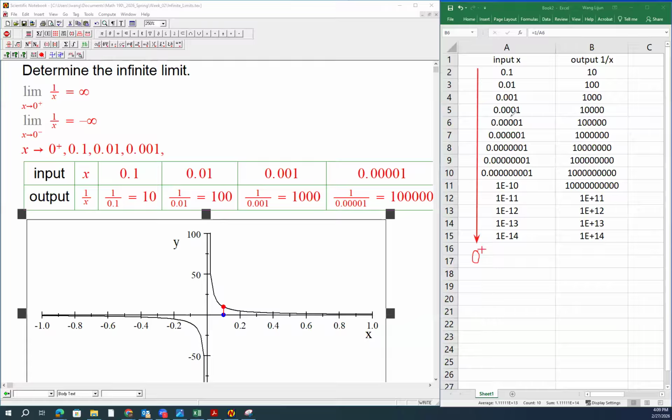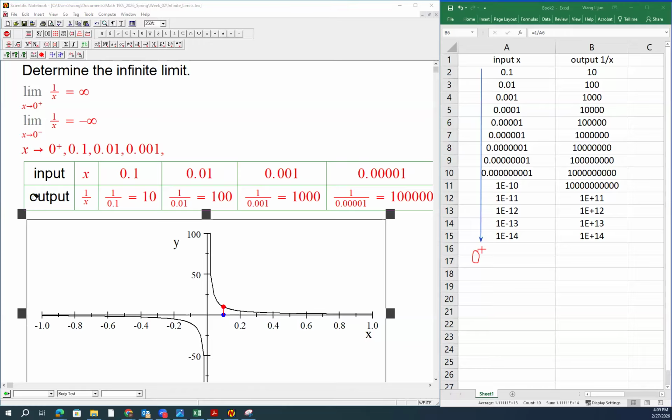The input is getting closer and closer to 0, infinitely close, right? So it's more like that on the graph. Let me get the color coordinated, using the blue to represent the input. Let me delete the red.